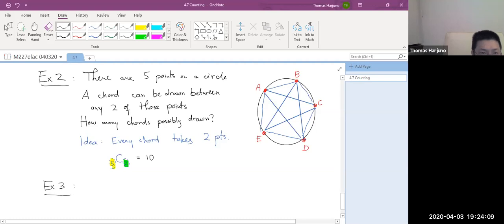social science? There are 5 people shaking each other's hand. How many handshakes happen?